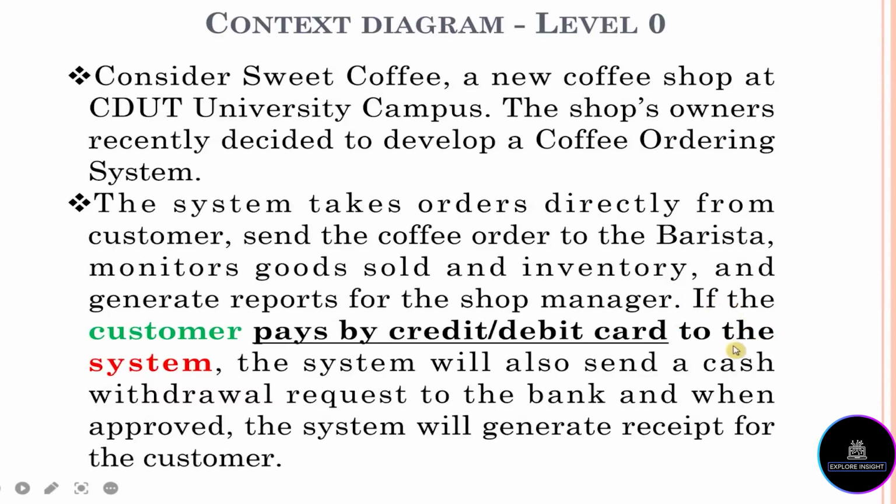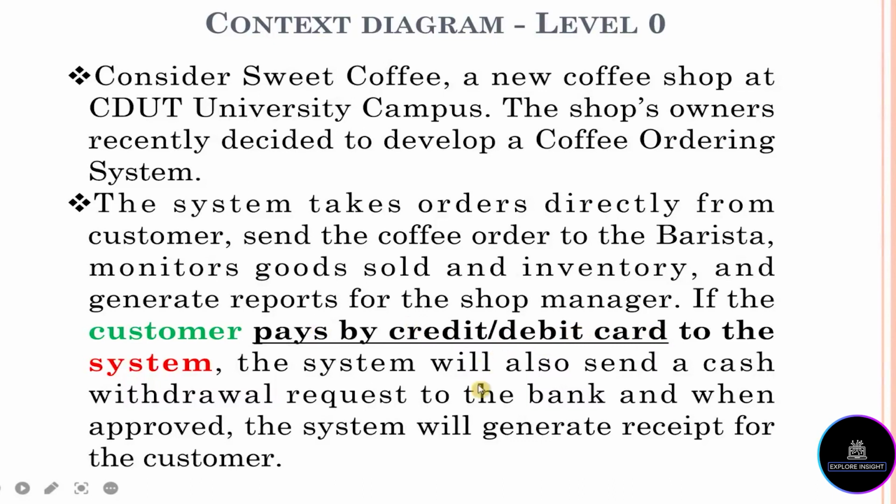It says, if the customer pays by credit or debit card to the system. So let's hold on here. What do we have? We have customer using the entity component and the system, the process component. Pays by credit or debit card. So this tells us the data flow information.